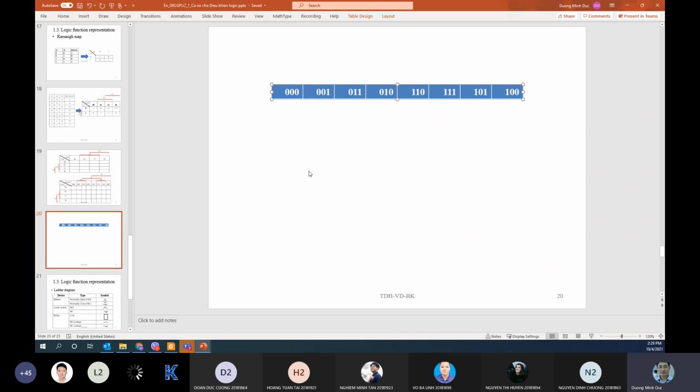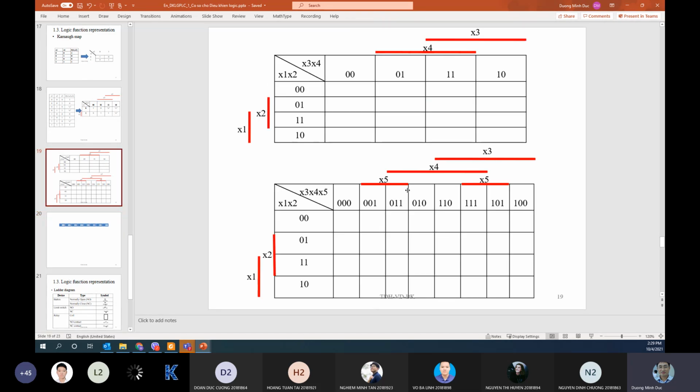But in my point of view, I like the 2D. I'm not so familiar with the 3D, but you can do that with the 3D. I think 2D is still okay. We can still see this in 2D at the scale of 5 variables.